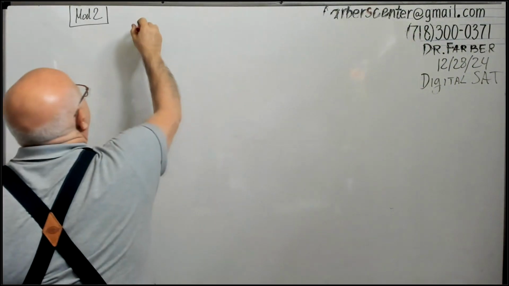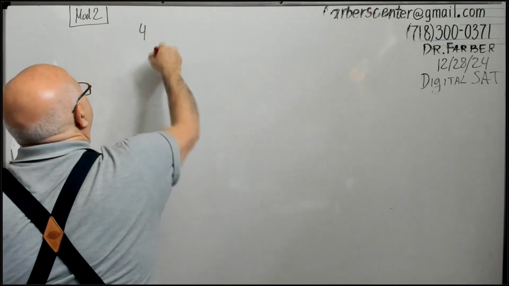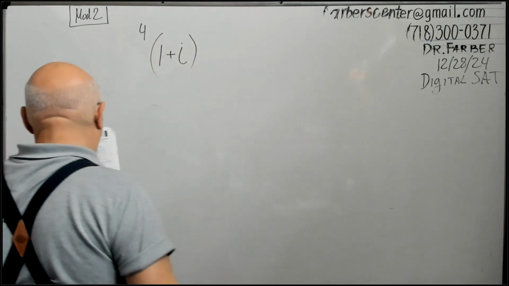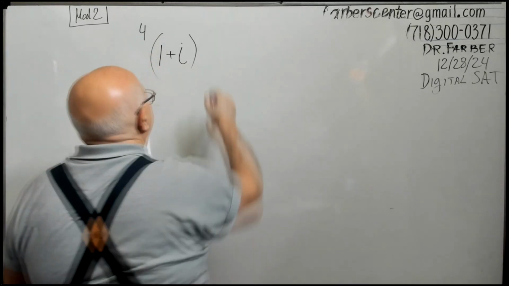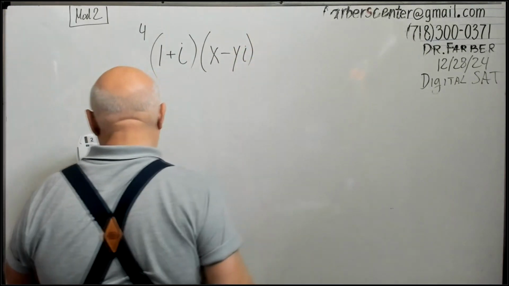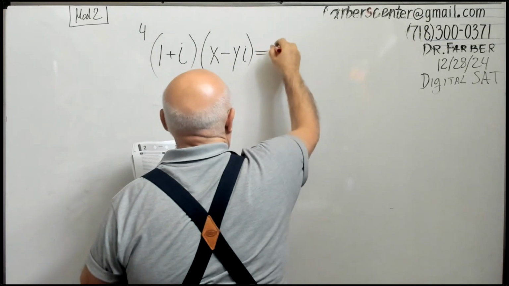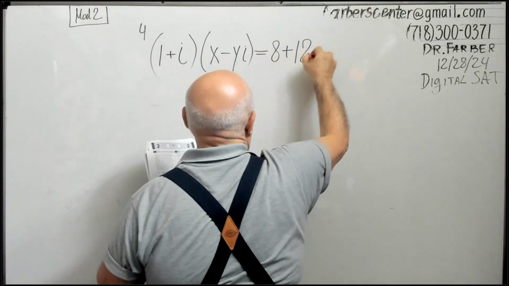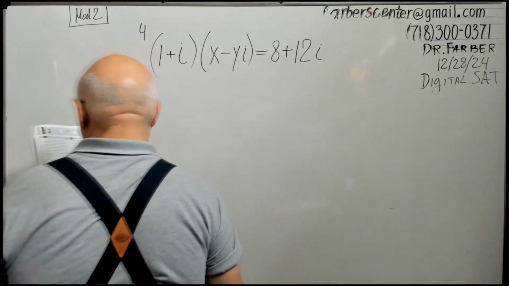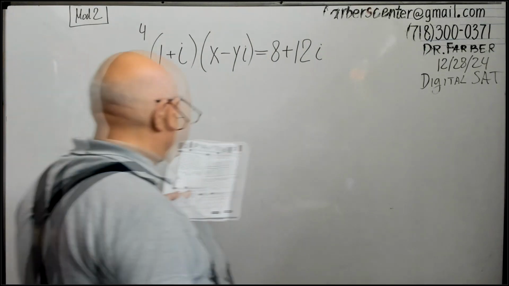Number 4, what is number 4? We have 1 plus i multiplied by x minus y i equals 8 plus 12i, where i equals the square root of -1, solve for the value of x.